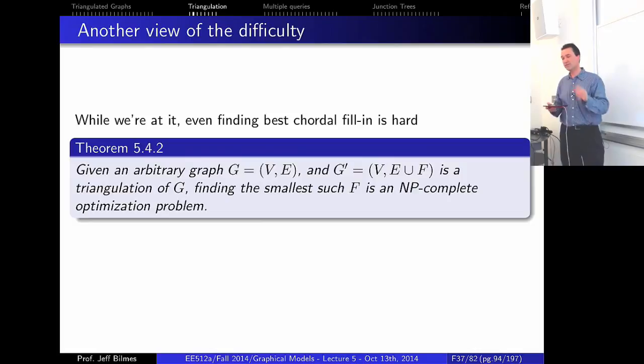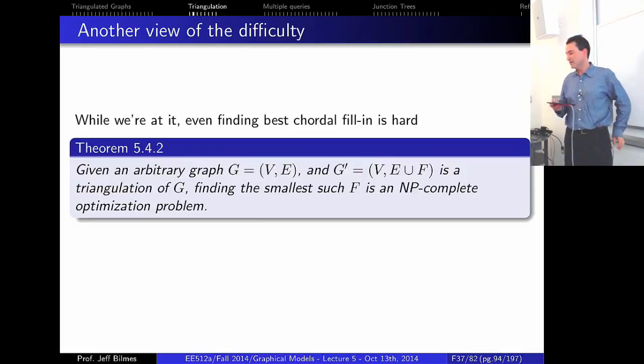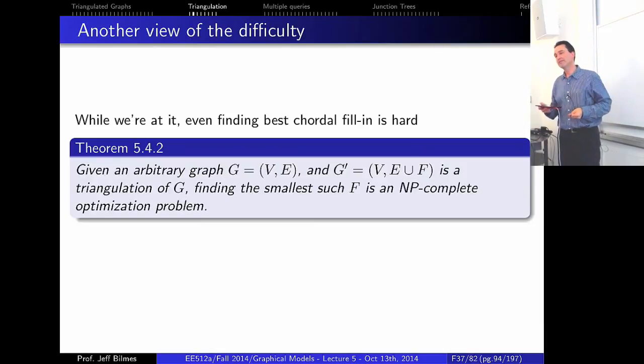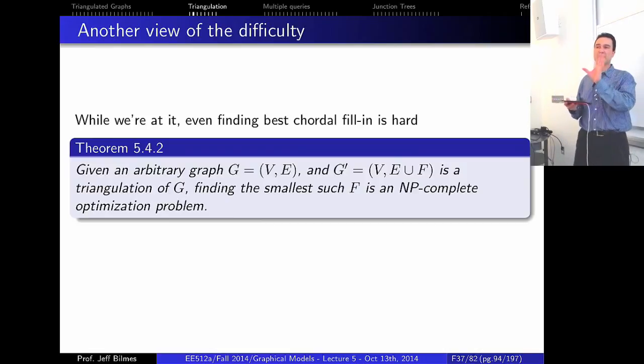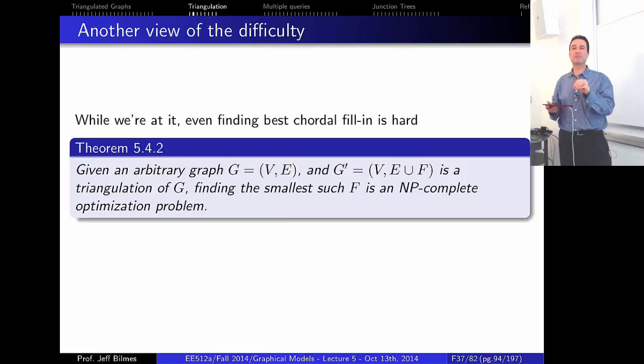Okay, so here's another view of the difficulty, for example, just viewing it as a problem of fill-in. Finding the smallest set of edges that triangulates the graph is also an NP-complete problem. And this is not saying finding the smallest k. This is basically measuring the goodness of the solution in terms of the number of additional edges, the size of f.